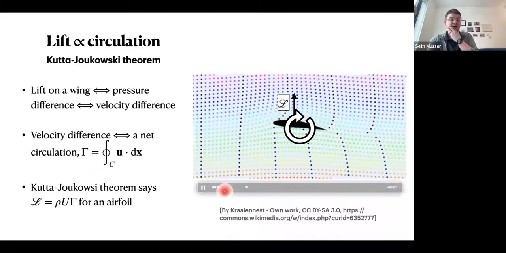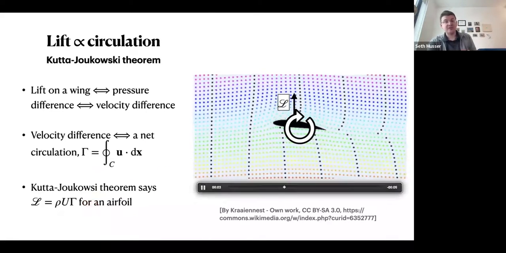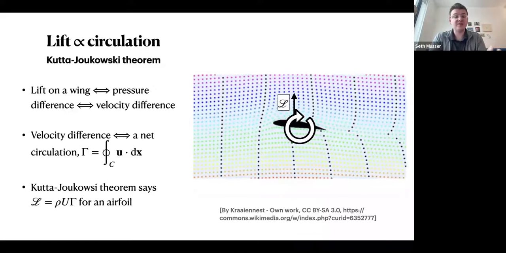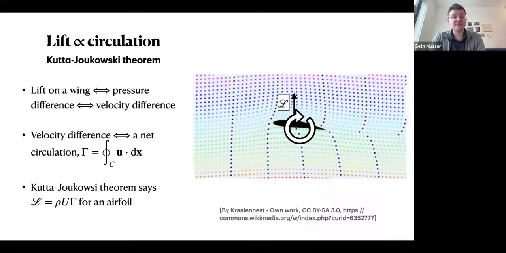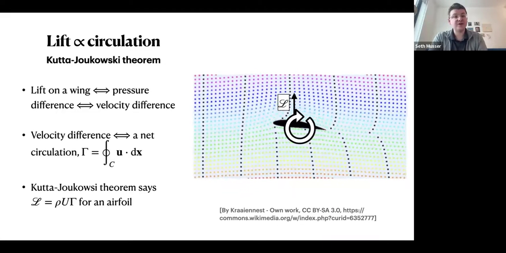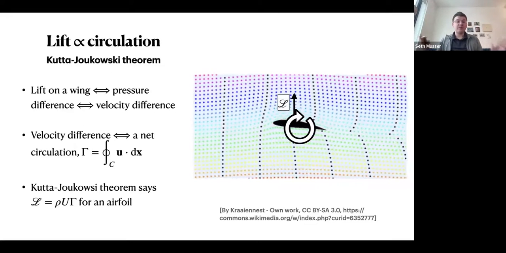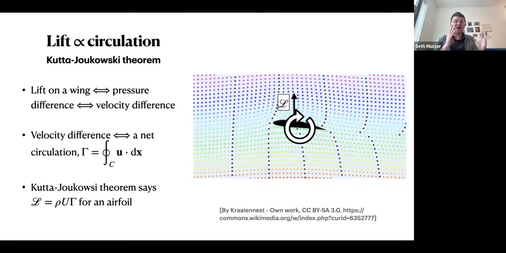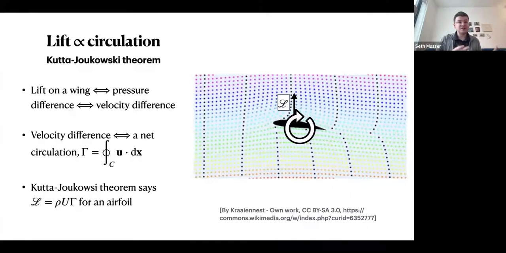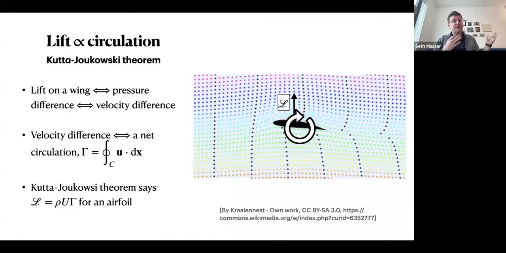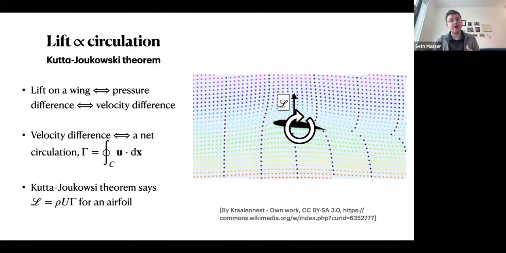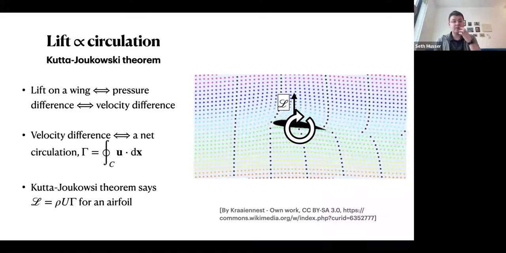And there's a theorem that you can prove in inviscid irrotational fluids, the Kutta-Joukowski theorem, that says lift is proportional to this circulation. So what we've learned is that creating a circulation will necessarily create lift, and lift necessarily requires a circulation around the foil.